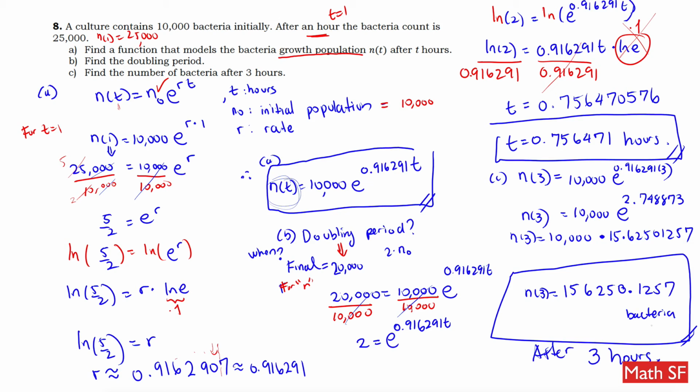So 4 is fair and 6 is good. Your answer is probably a little bit off from mine just because I used 6 decimal places instead of 4.